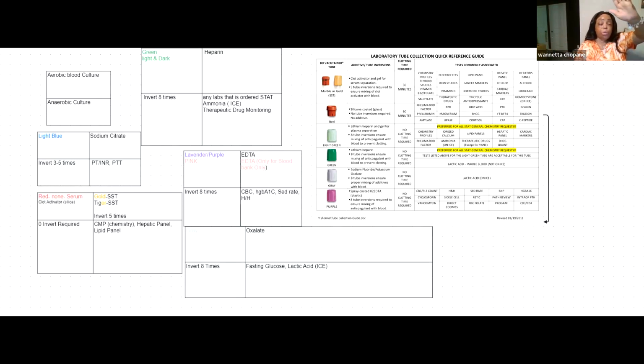But light blue top tube, sodium citrate, it's inverted 3 to 5 times.